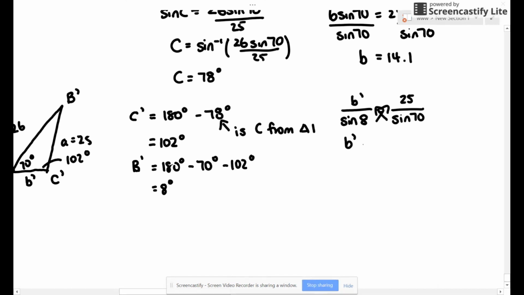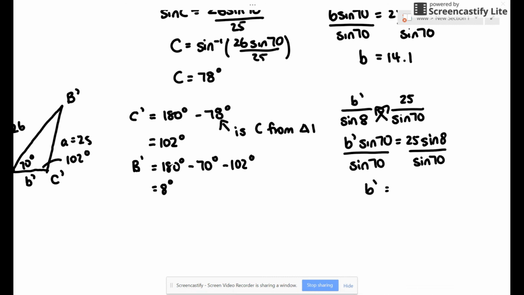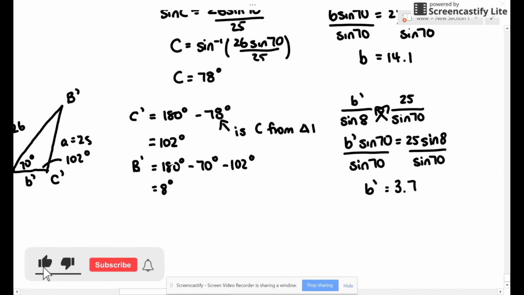So B prime sine 70 equals 25 sine 8. And we're going to divide both sides by sine 70. And B prime is going to leave us with 25 sine 8 divided by sine 70, and that's going to give us, rounded to the nearest tenth as well, 3.7.